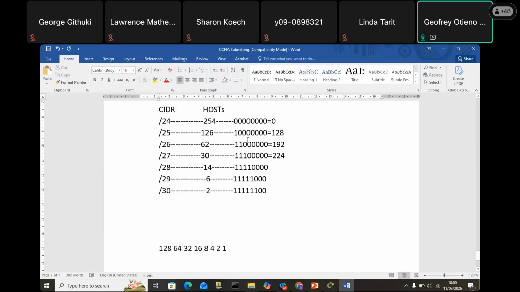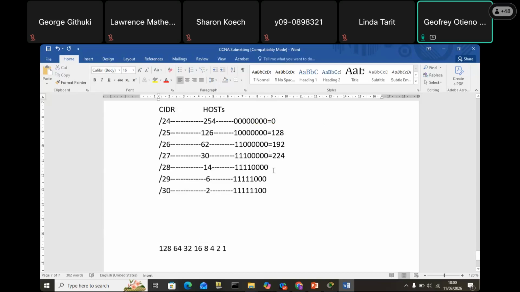For example, if you start with this one here, this is 128. If you move to the next one, it is 128 plus 64. You get 192. If you move to the next one, 128 plus 64 plus 32, you get 224.